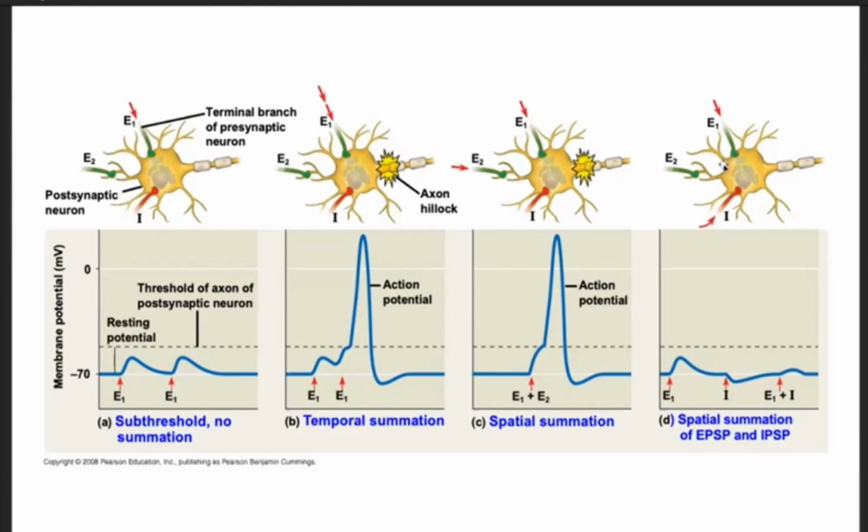The third one is what we call a spatial summation of excitatory postsynaptic potentials and inhibitory postsynaptic potentials. That's what EPSP and IPSP means. But in this scenario, you can see that, yes, you have the excitatory signal coming in, but at the same time, you have an inhibitory signal coming in.